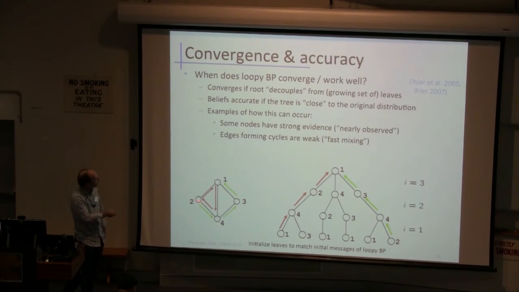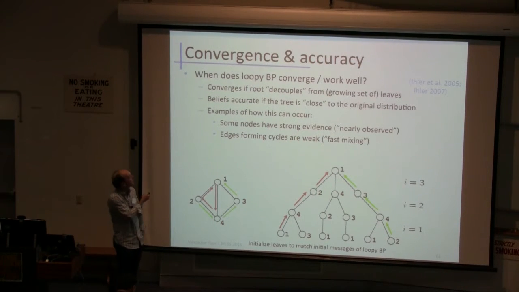So if the original model and this expanded computation tree are quite similar, then loopy BP will tend to be accurate. And so the conditions for that tend to be things like if the relationships in this graph are very weak. The difference between this graph and this tree is that, for instance, 1 appears twice. Here 1 is correlating with itself through this red path.